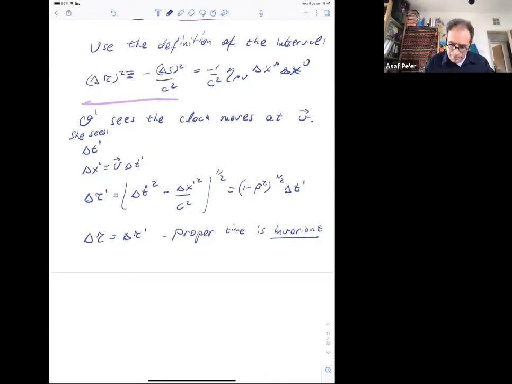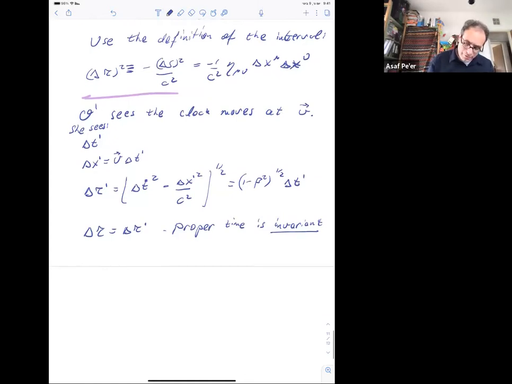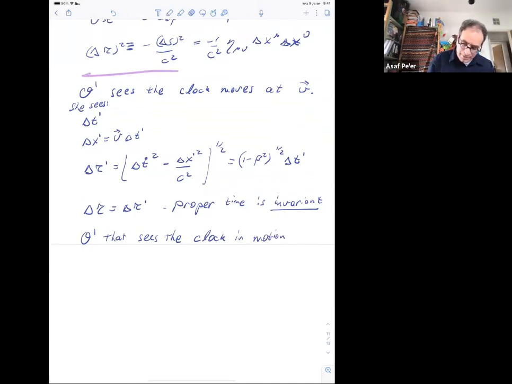Right? So if you are seeing my clock in motion, observer O prime that sees the clock in motion sees it ticking at period, delta t prime, which is equal to what?